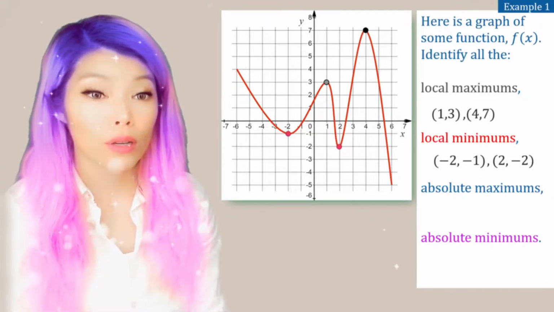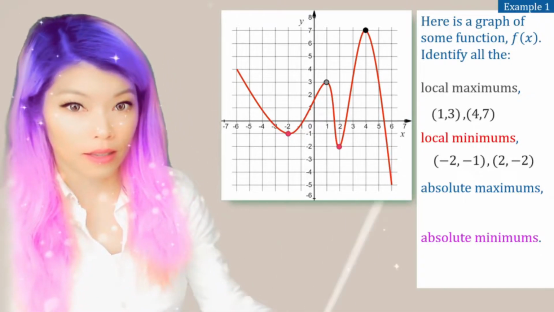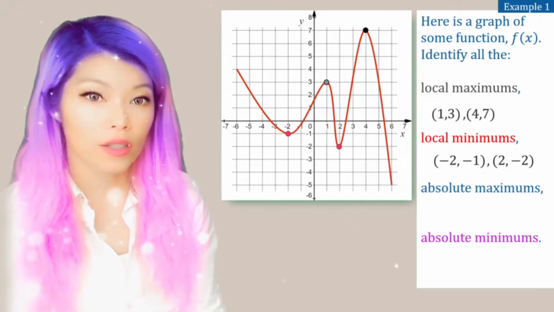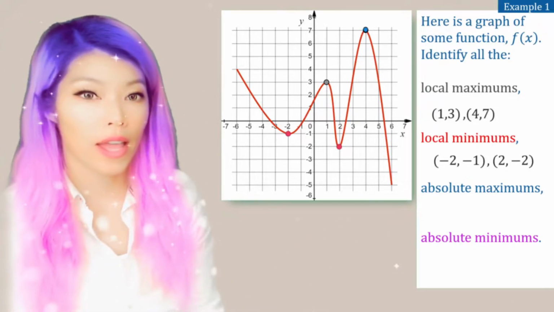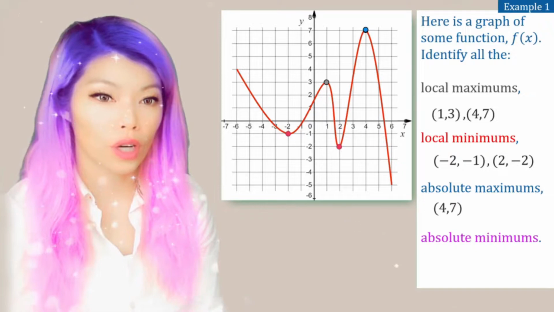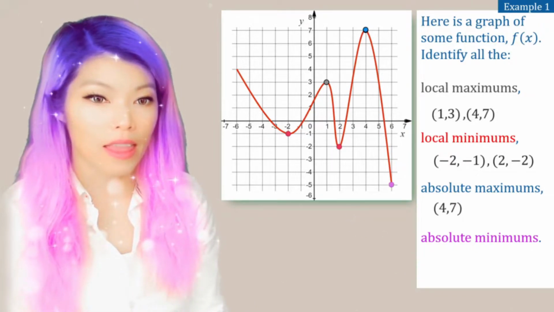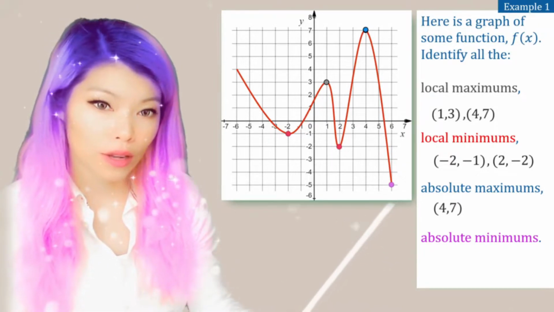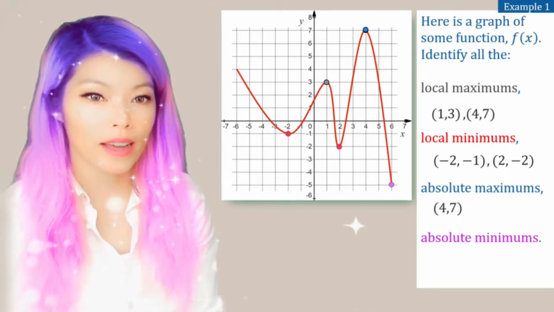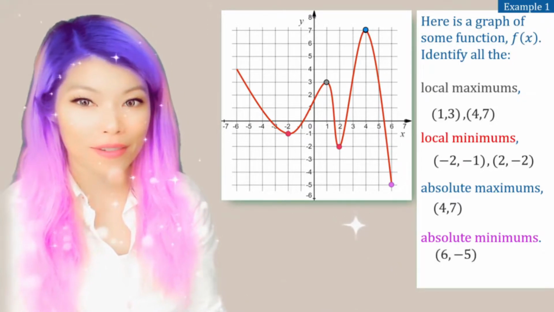Now the absolute maximum for this section of the graph, we can see the tallest value is over there at (4, 7). And the absolute minimum is not one of the local minimums, it's at (6, -5).